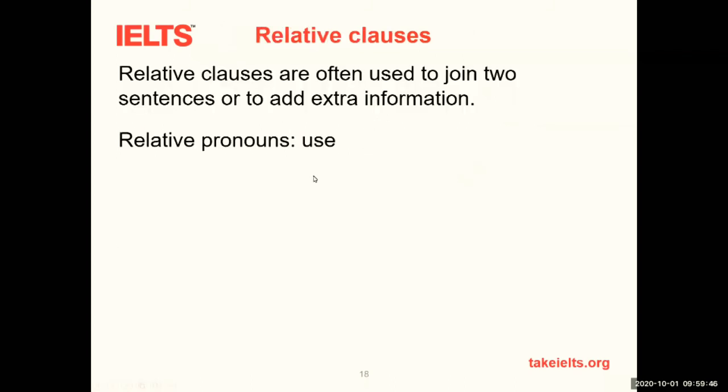Okay, so let's have a look at relative clauses. Again, just quickly to remind you all about it. Okay, so relative clauses are often used to join two sentences or to add extra information. And to do that, we need to use relative pronouns.